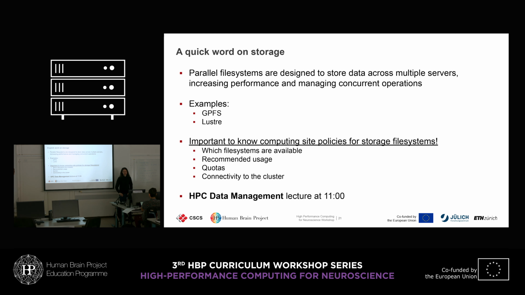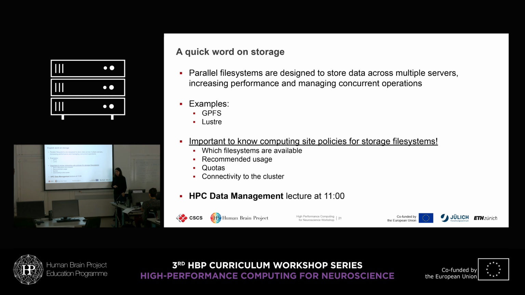And this allows them to scale very effectively, to be very performant in retrieving lots of data, because they do it at the same time, and also handling concurrent access or reads when many users require the same kind of data.